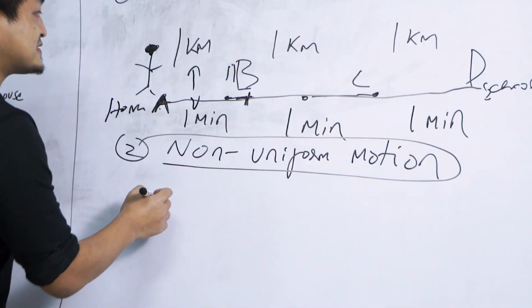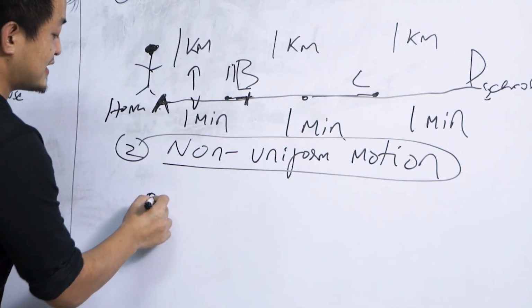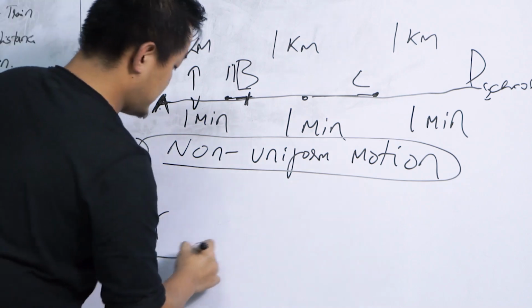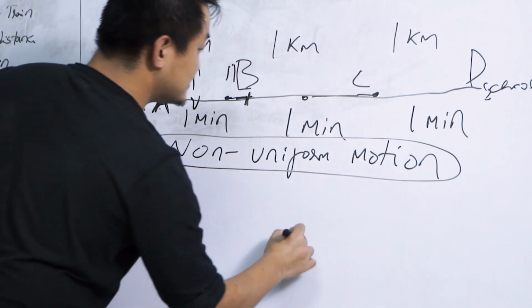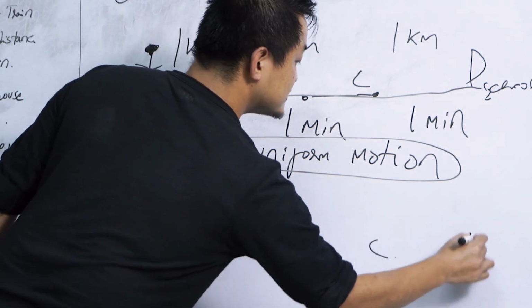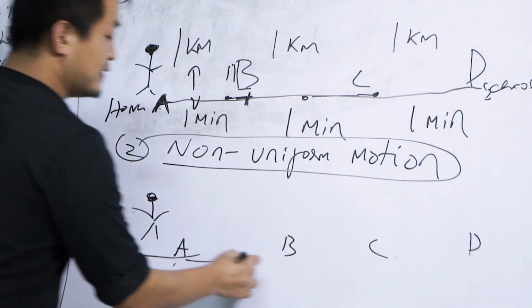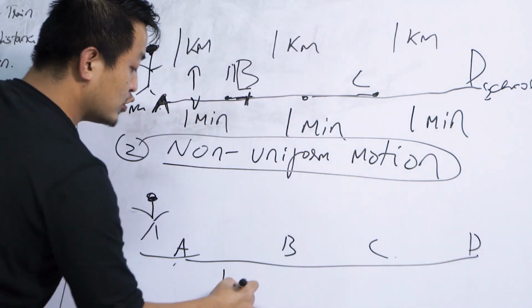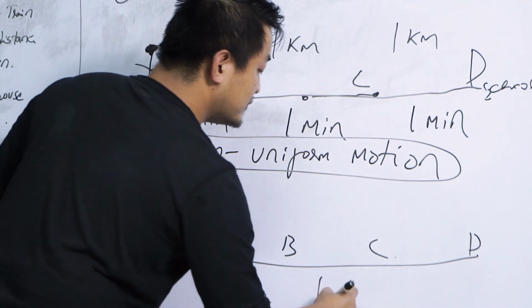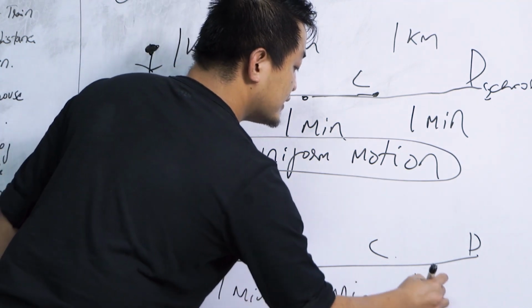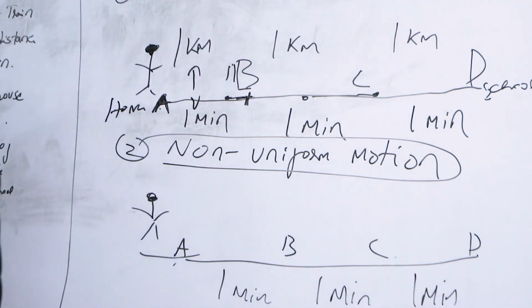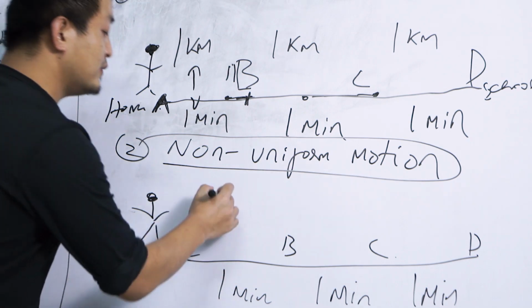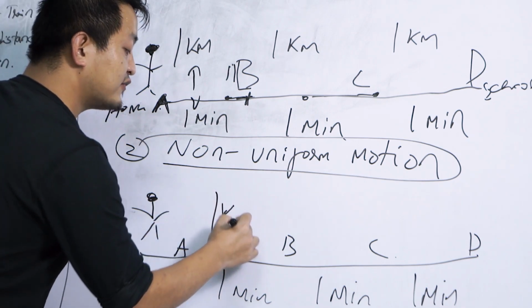Now let's say the same guy goes from point A to B, to C, to D. Let's say these are all 1 minute, 1 minute, 1 minute. Here he took 1 minute and covered 1 kilometer.